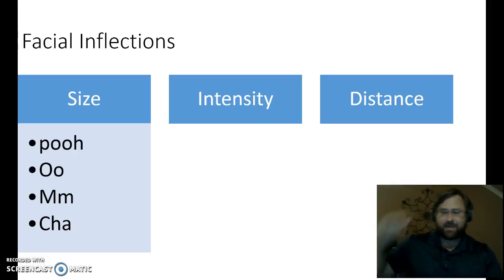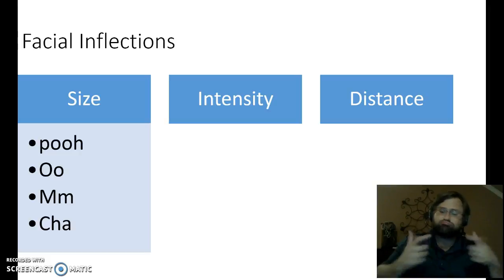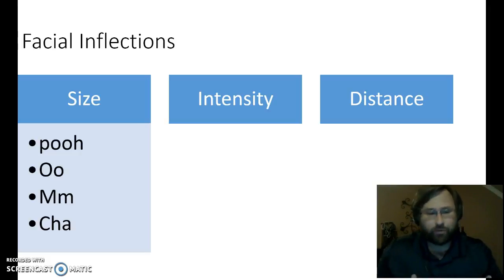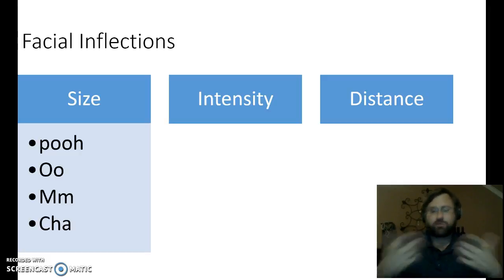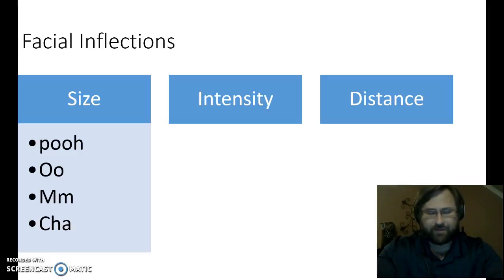So you could take the sign that would normally mean tall and add that, and it would mean sort of tall. Or a sign that means big with that would mean sort of big. Finally, cha is used to illustrate something that's huge. So you could take the sign big and add cha, which would give that the meaning of huge.